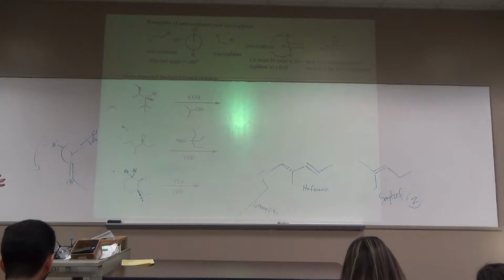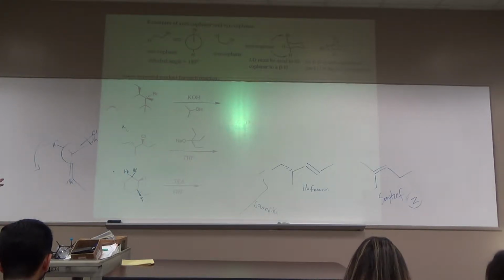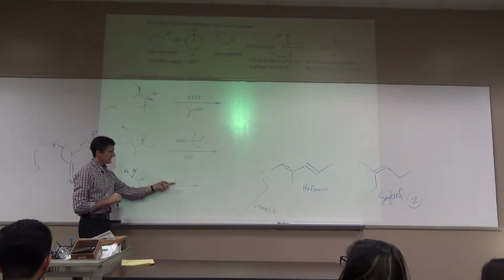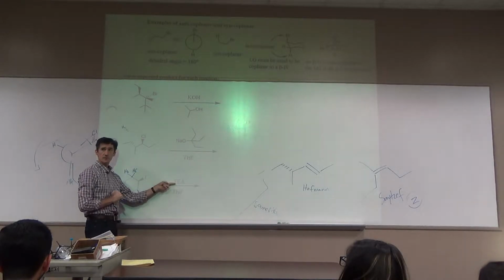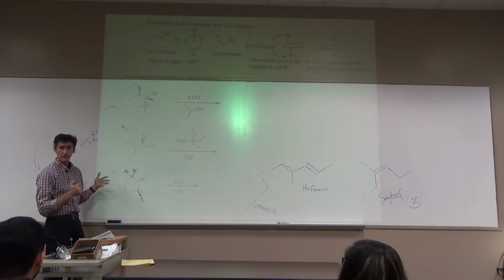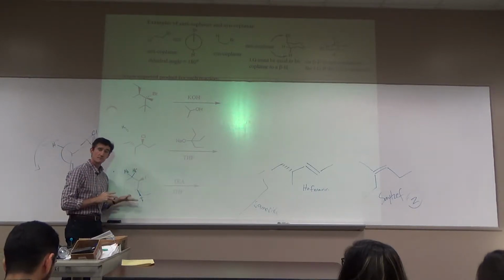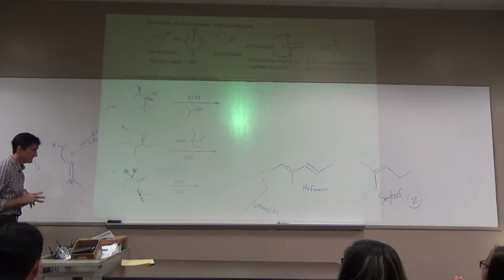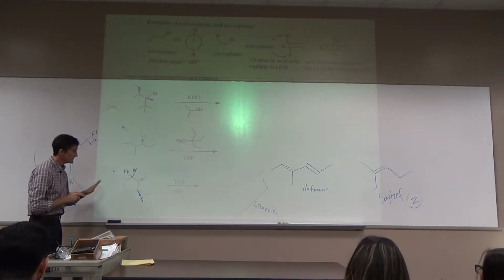We have to kind of clarify this. It's never going to mess you up on a test, but some instructors say, hey, it's not going to be substitution, it's going to be elimination because it's hindered. Well, elimination is going to give the Zaitsev, its favorite elimination. And Zaitsev would be removing which H?